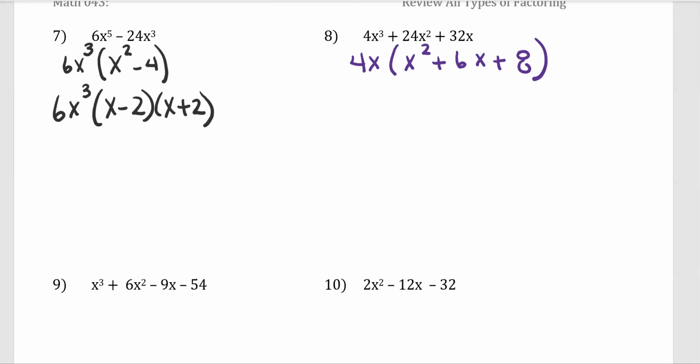And then we need to see if we can factor x squared plus 6x plus 8. So we need the factors of 8 that add to 6, 2 and 4.